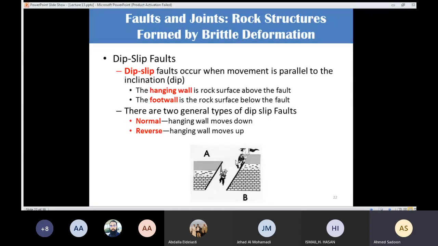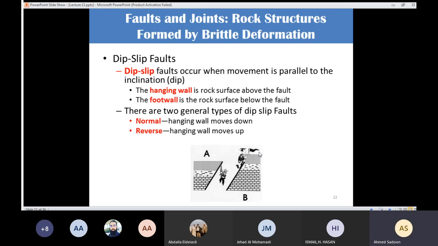The rock on the left-hand side, we are going to call it the hanging wall, because I need to hang something in order to get there. While the rock on the right-hand side, this one, I need to use my feet in order to get there.